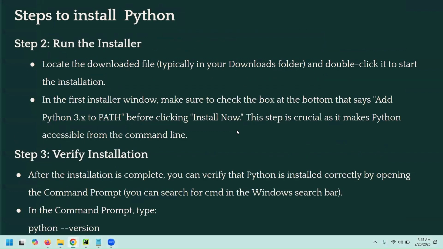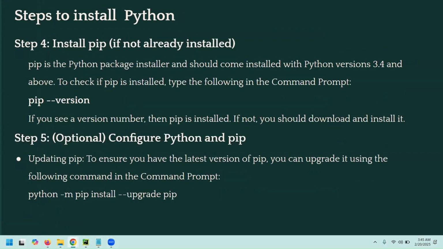Here it says, in future when you'll be installing pip. Pip is basically a keyword used for installing Python packages. So we use this pip keyword, and we have to install pip too. But it says that pip is the Python package installer and should come installed with Python version 3.4 and above.